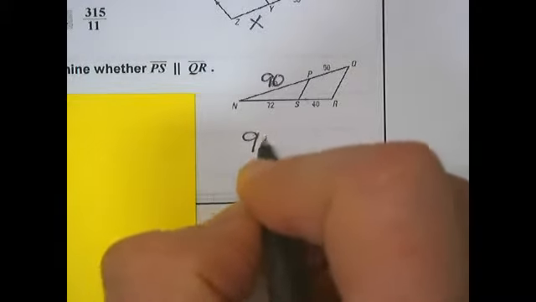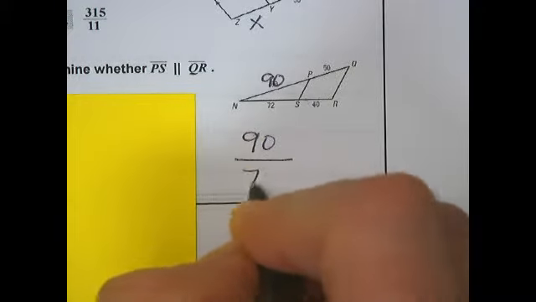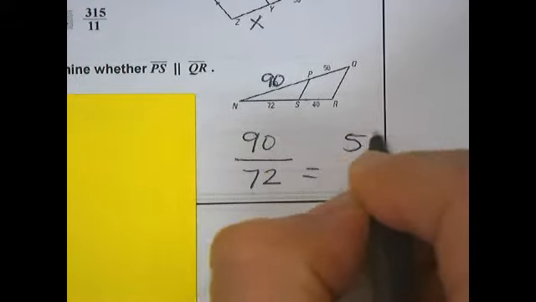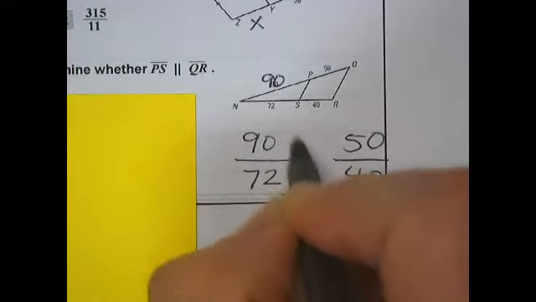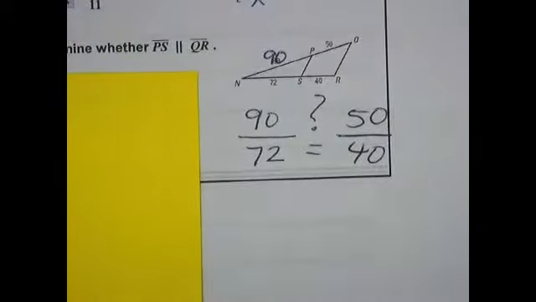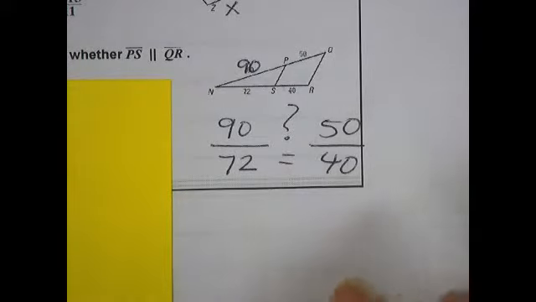And it looks like that's 90 and 50, 72 is to 40. So you could do something like this. 90 is to 72 as 50 is to 40, and try to determine, are those equal? You could do lots of different proportional forms, but you should be able to find that and be ready to explain that tomorrow.